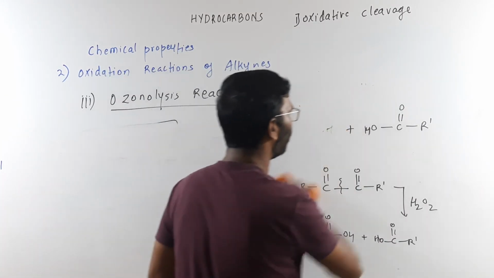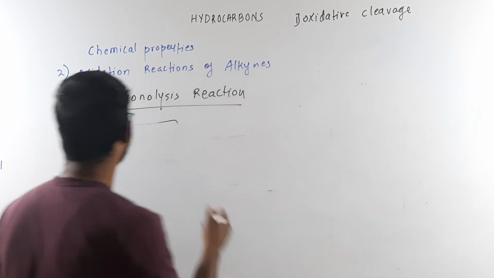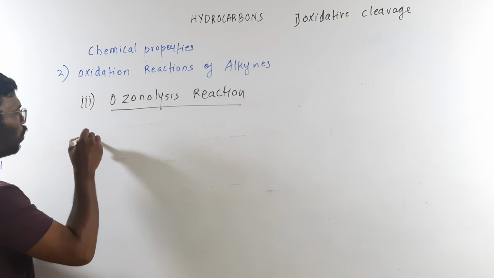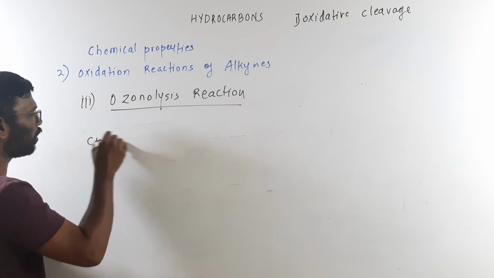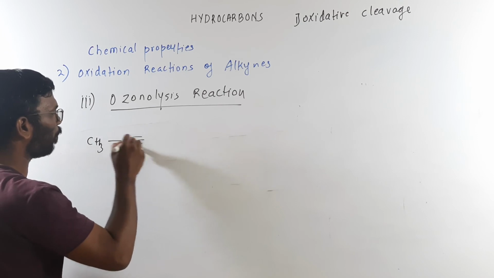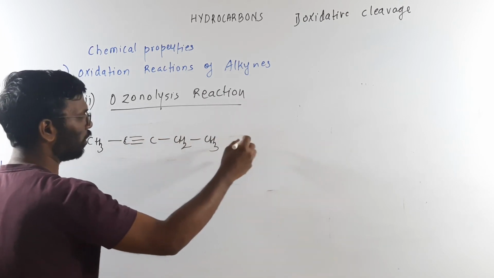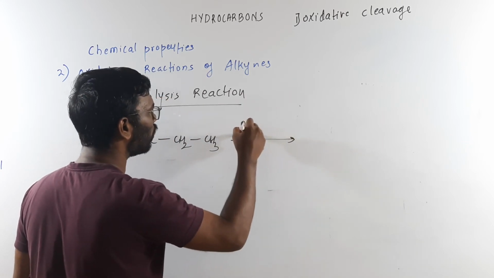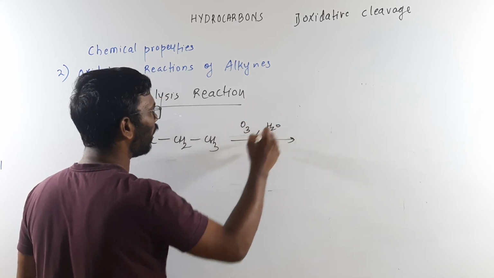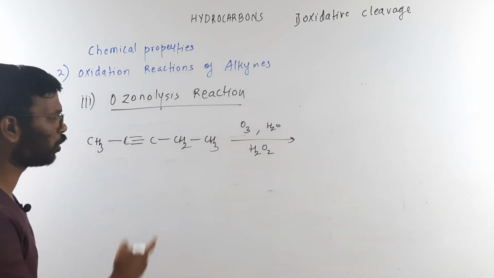Let's take one example and see what the product will be. I will take CH3, C triple bond C, then CH2 and CH3. You take ozone, you take water, and finally I will also add H2O2, peroxide.